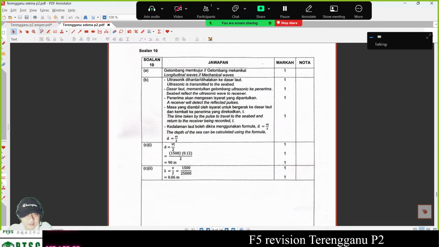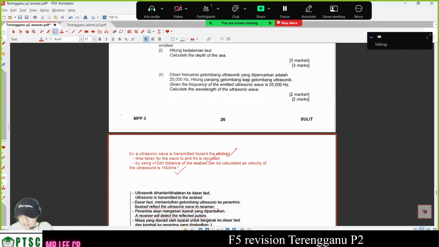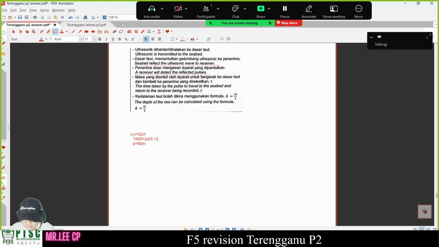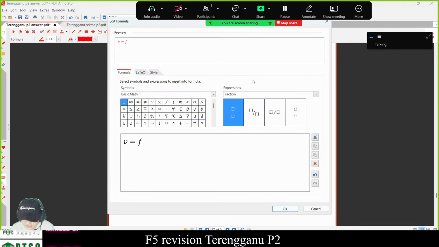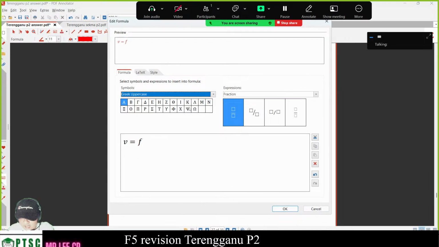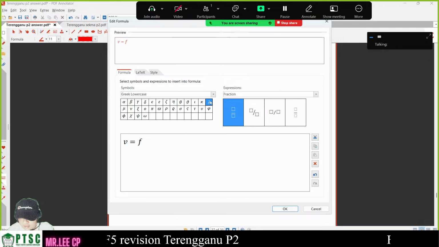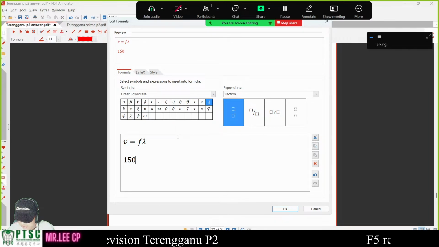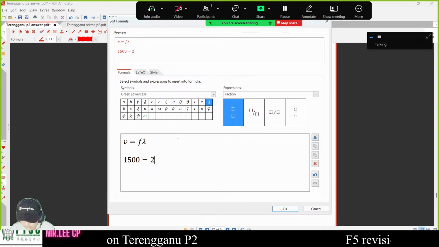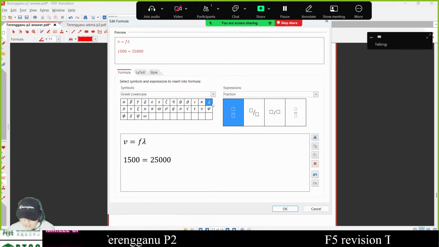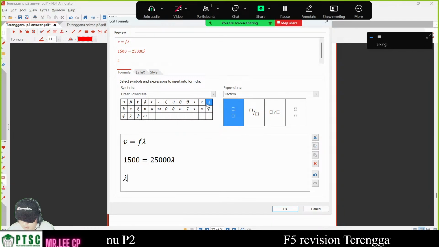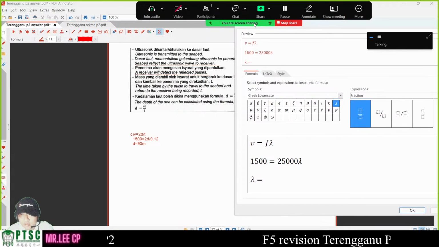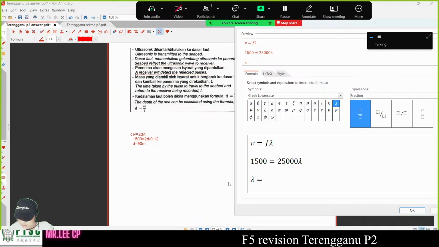Yeah, correct. Next one is calculate the wavelength. Frequency is 25,000. Velocity V is equal to F lambda. V is 1500, F is 25,000. And then lambda will be equal to 1500 divided by 25,000.